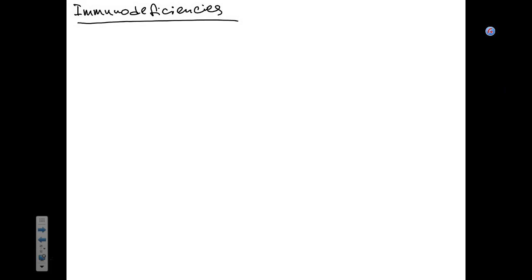That's a mouthful. There are two types. It can be acquired and congenital. So acquired, what does that mean?